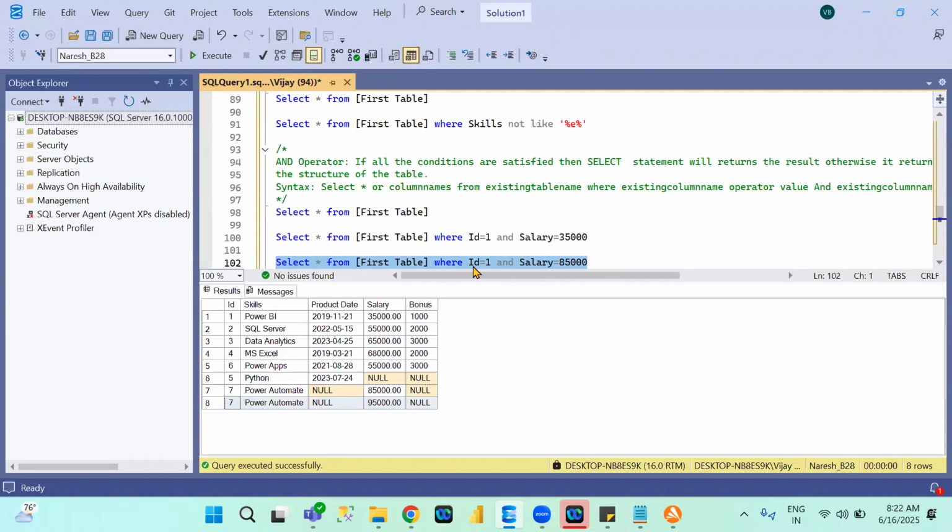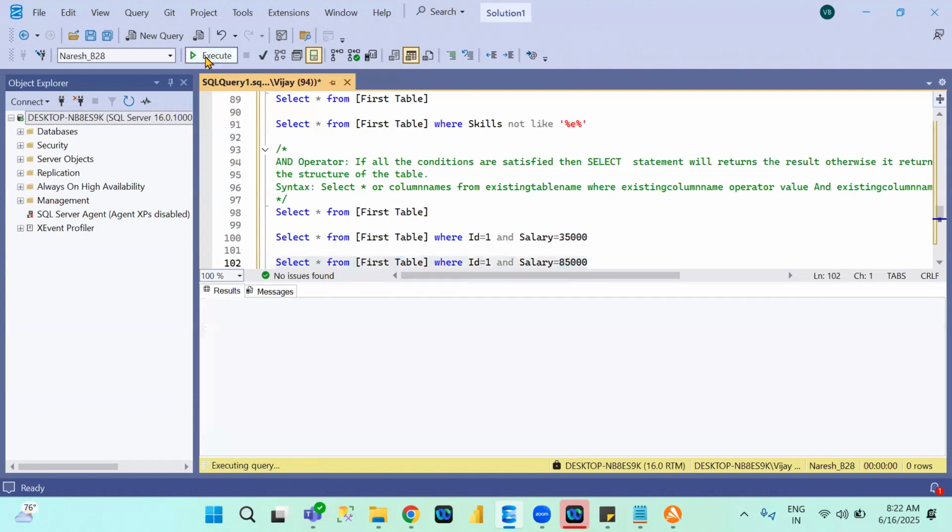Understand or not? See, ID is equal to 1 is there, salary is equal to 85,000 is there, but it is not in the same row. So that's the reason it will return the structure of the table. Did you see the structure of the table? Is that clear or not?